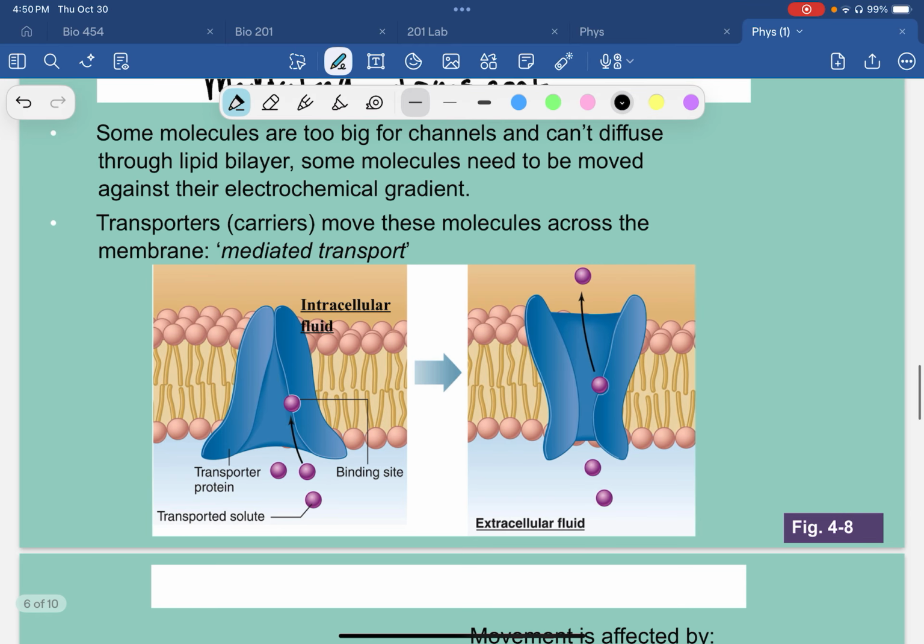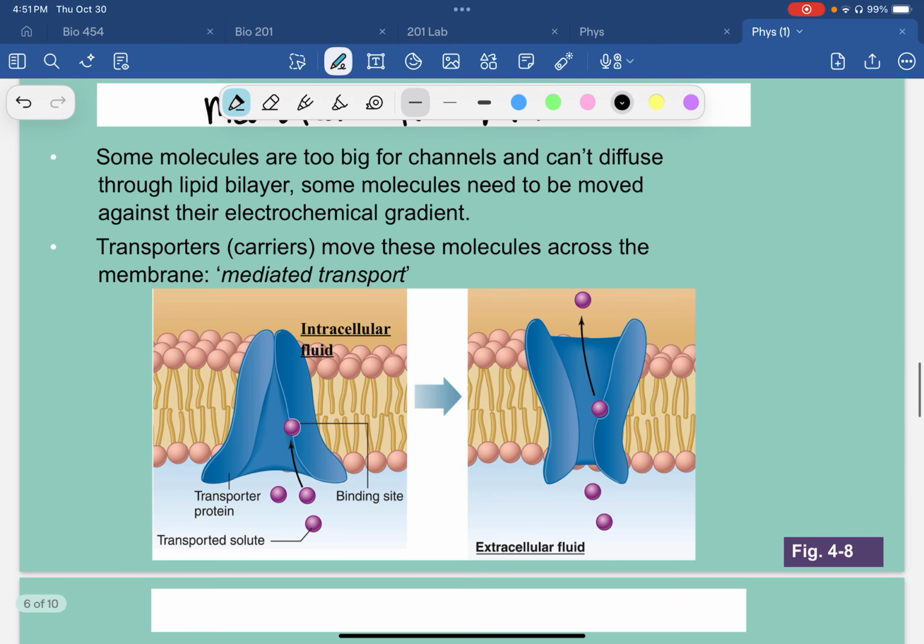As we move down here, we can see our mediated transport. This is where one molecule binds first, and then after it binds, it gets let out on the other side.